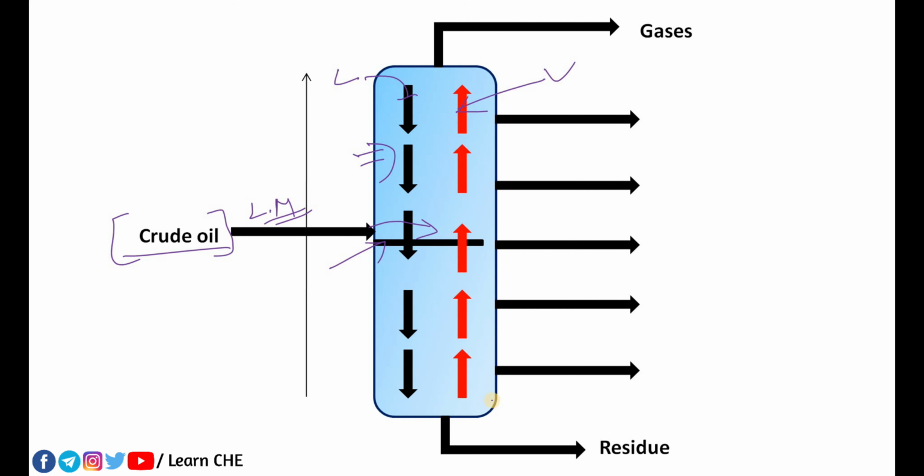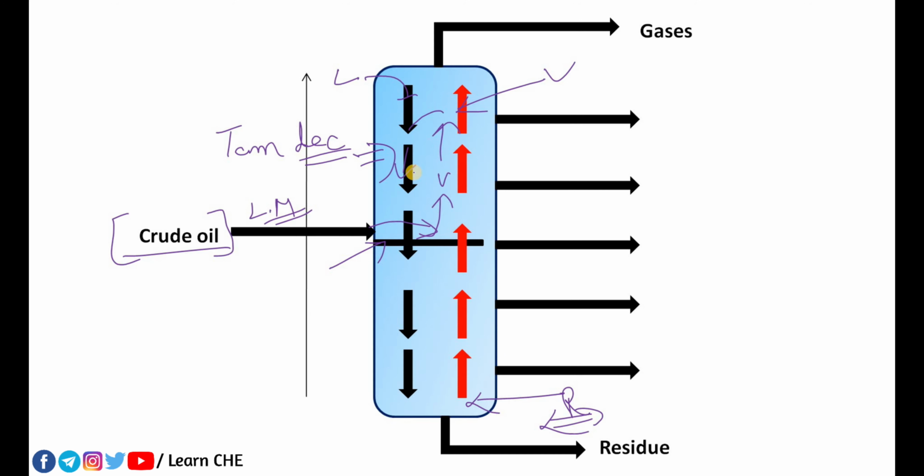So this liquid is vaporized and the vapor goes upward. As we go upward, temperature decreases, right? As the temperature decreases, some amount of vapor will convert into liquid and it will go down, right?